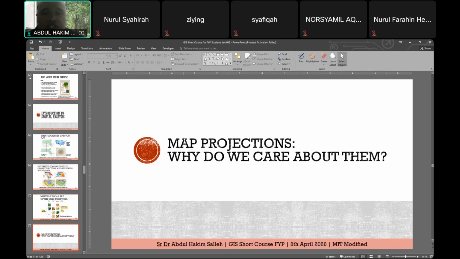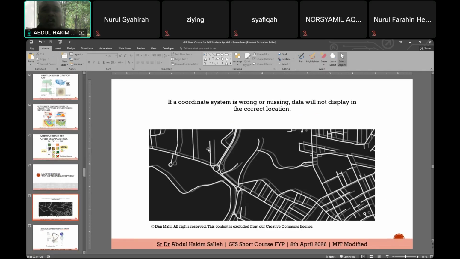For example, map projections. Why do we care about them? Projections is one of the key and most important pieces of information that you need to have. Okay, for example, here with different projections, with different coordinate systems, although the differences don't seem like much here, it can actually go up to 50 meters distance.